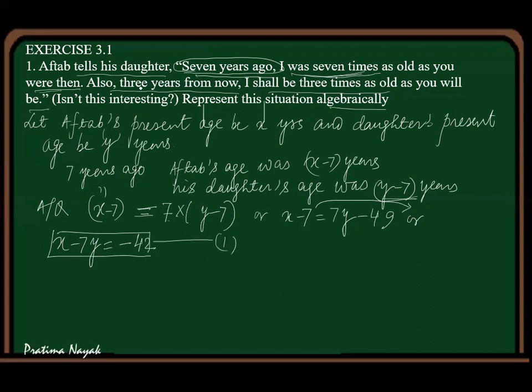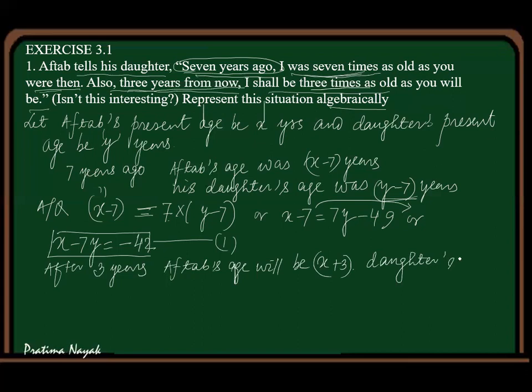Now coming to the second information. 3 years from now, that means after 3 years, Aptak will be 3 times as old as his daughter at the time. So after 3 years, Aptak's age will be 3 years more, so x plus 3, and daughter will be y plus 3.